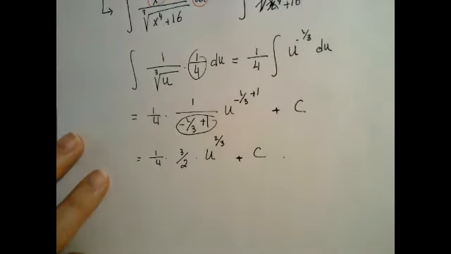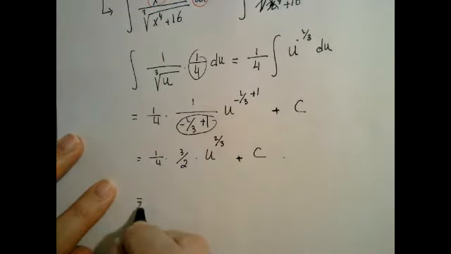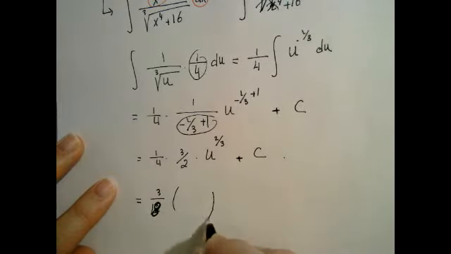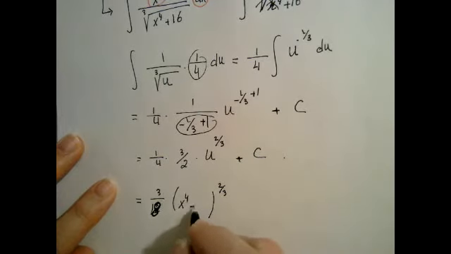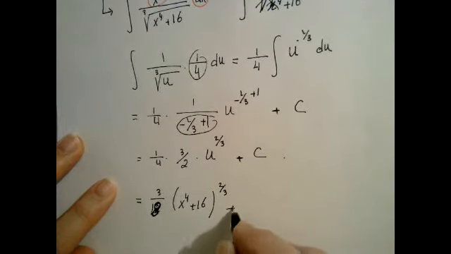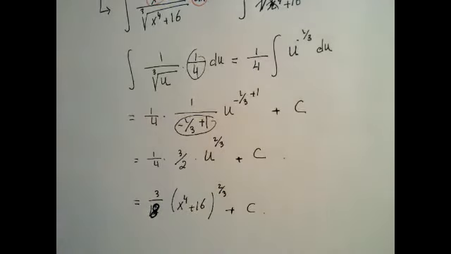So what am I left with? 3 over 12, I meant 3 over 8, and the u, we have to go back to x, is x to the 4 plus 16, to the 2/3, plus the constant. Okay.